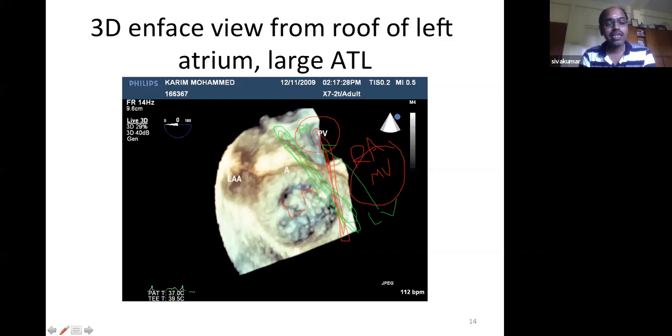Now, let us draw the conventional, I'll take a black color, the conventional atrioventricular node, what it is supposed to do. The AV node will penetrate into the interventricular septum in this location normally.